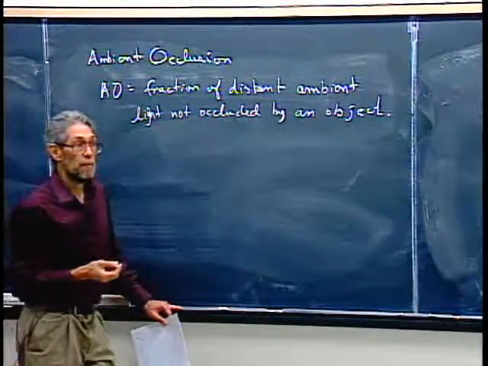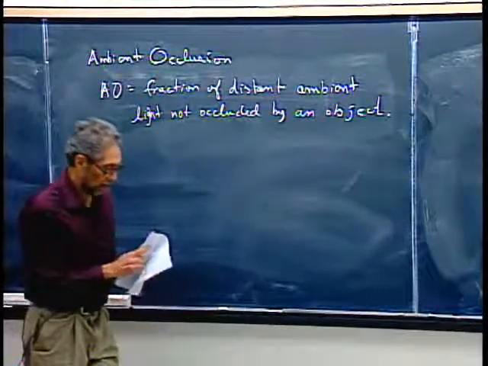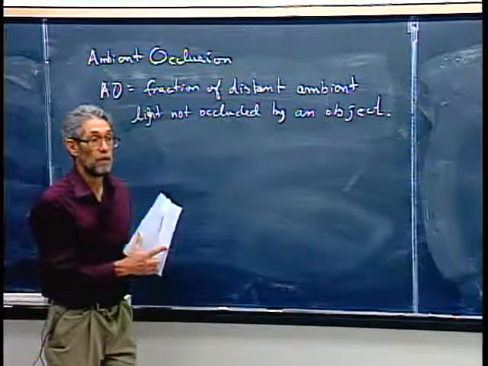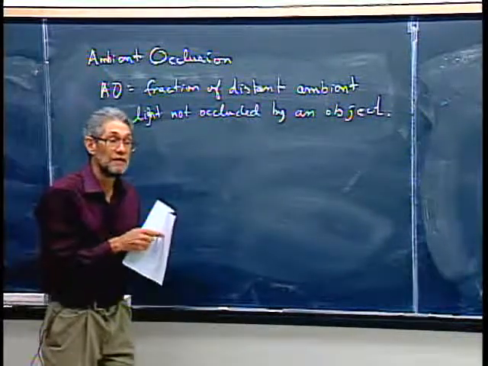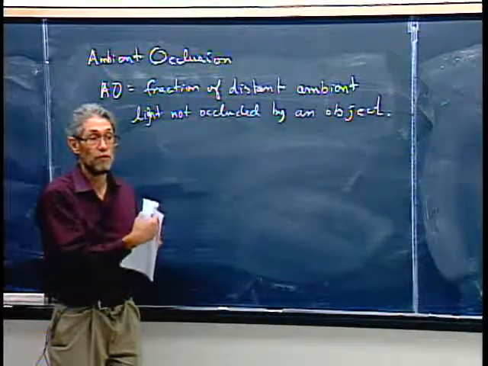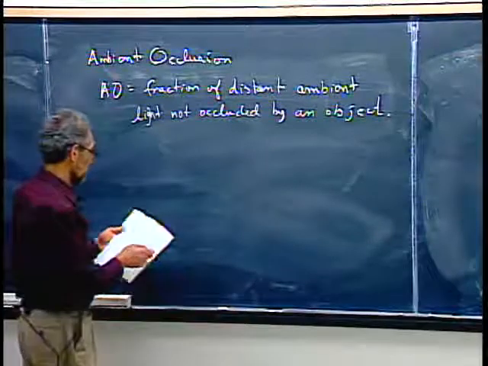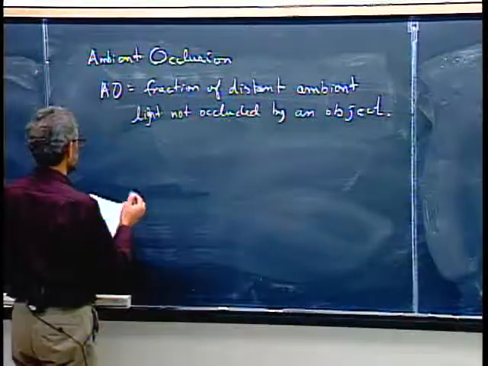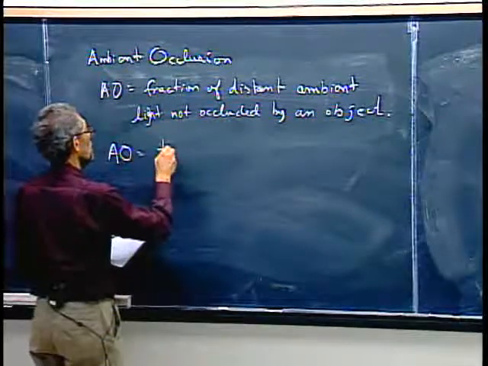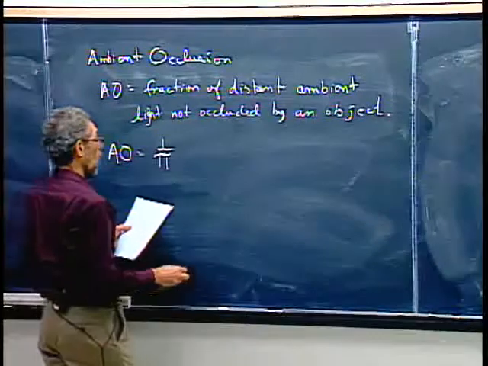So, for example, if you have a fold in a piece of paper, it's going to be darker inside the fold because less of the ambient light from all over the room gets in the fold, especially if the paper wasn't reflecting so much light because it's white. So basically, if you integrate the cosine over the whole hemisphere, you're going to get pi.